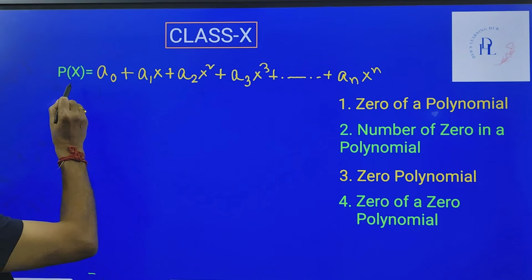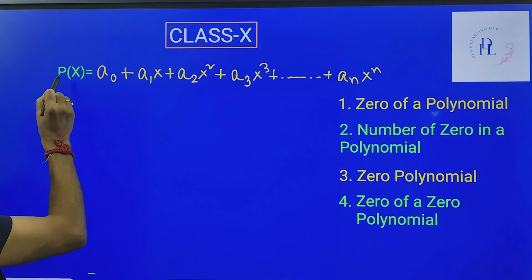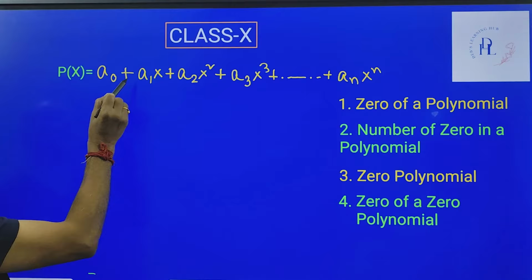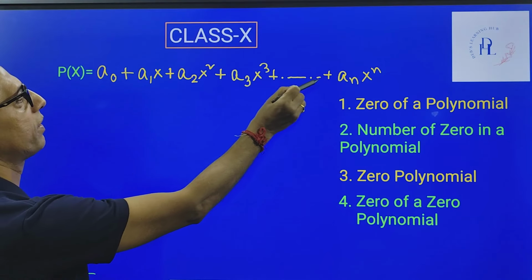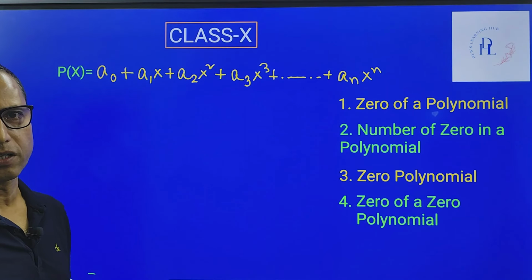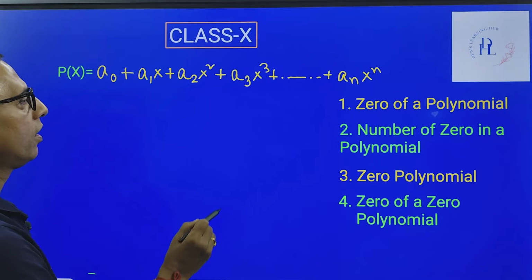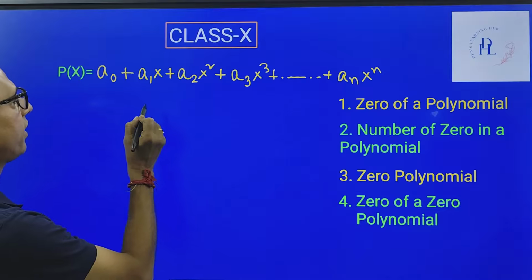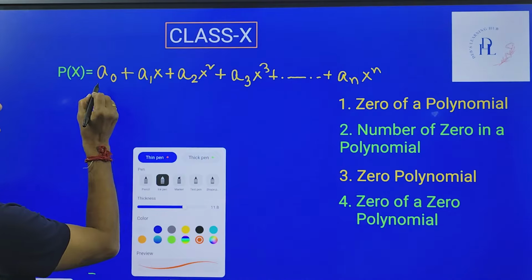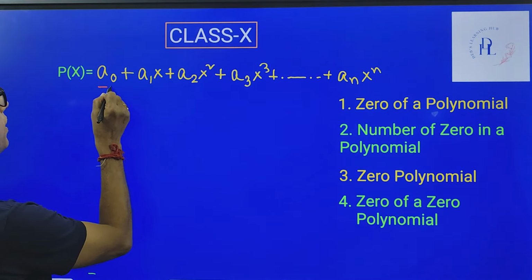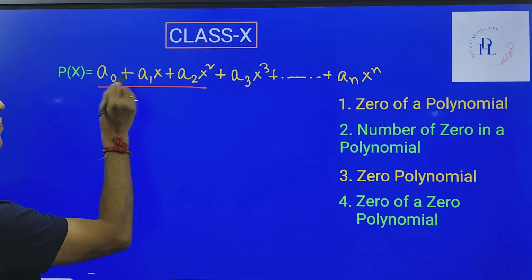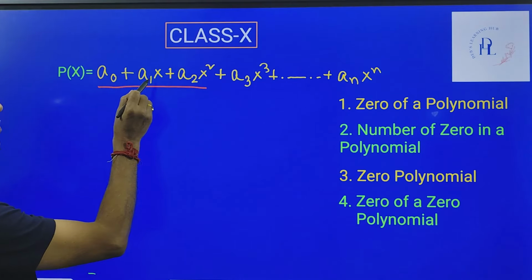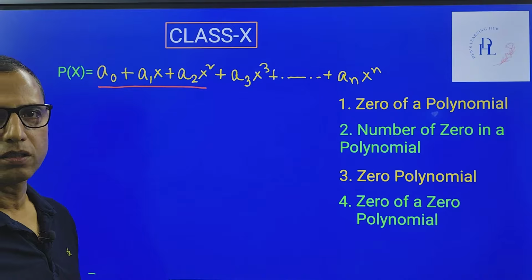ओके, नाउ दिस इज अ पॉलिनोमियल ऑफ x: p(x) = a0 + a1x + a2x² + a3x³ up to anxⁿ, right? Now let's understand zero of a polynomial. Let's say I am considering the first 3 terms, a0 + a1x + a2x².